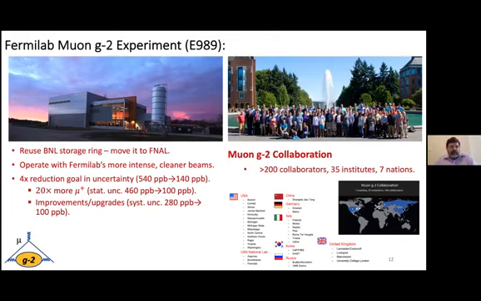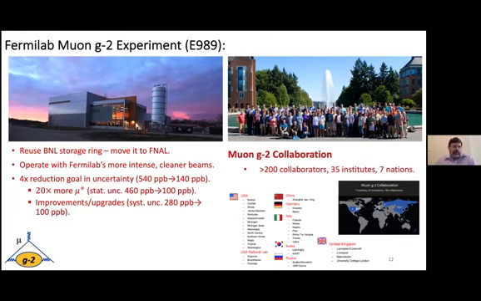One of the advantages of Fermilab is that we're able to get a more intense, cleaner polarized muon beam. Our ultimate goal is to reduce the overall uncertainty on the measured value of the muon anomaly by a factor of 4 with respect to the BNL measurement, bringing it down from 540 parts per billion to 140 parts per billion.